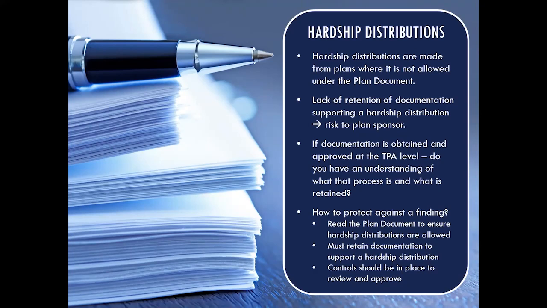This will mitigate that need to obtain documentation from a participant potentially years after the hardship distribution occurs. So really just navigate wisely if you're allowing self-certification for hardship distributions, and make sure you have a process in place so that if you need to access that source documentation, you'll be able to do so.